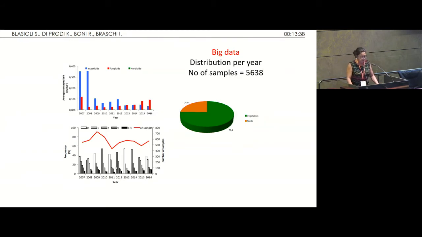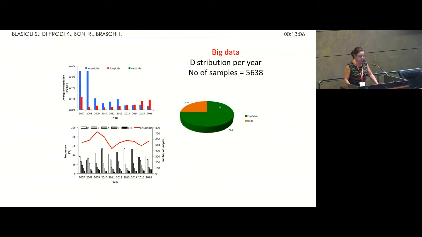The frequency of samples with 0, 1, 2, 3, 4, or more than 4 active ingredients detected has a not constant trend, but we can observe that at the end of this time lapse, the frequency of samples containing 4 or more active ingredients is a little bit higher.